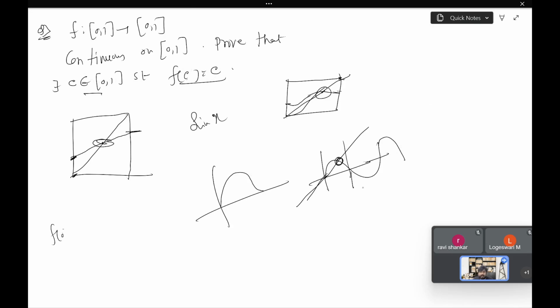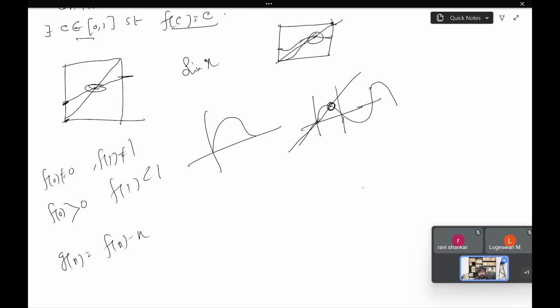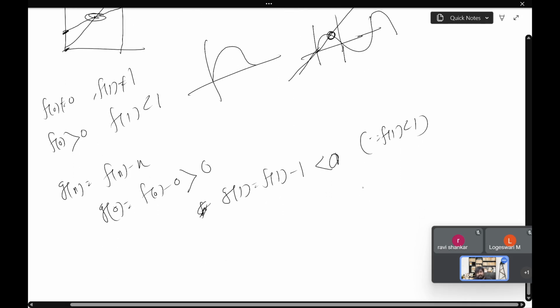So assume f(0) is nonzero and f(1) is not equal to 1. So obviously f(0) is greater than 0 and f(1) is less than 1, correct? Now consider the function g(x) equal to f(x) minus x. So now observe that g(0) is equal to f(0) minus 0, which is greater than 0, and g(1) is equal to f(1) minus 1, which is less than 0, since f(1) is less than 1.